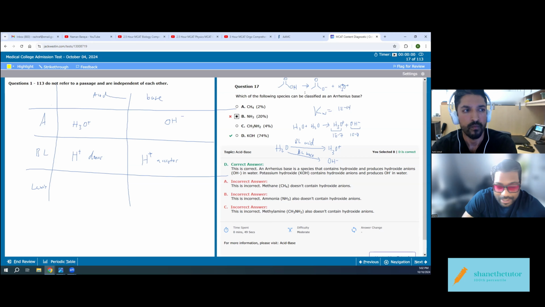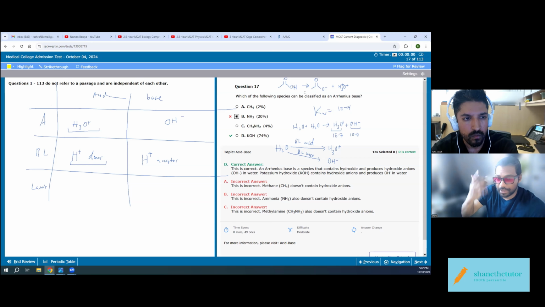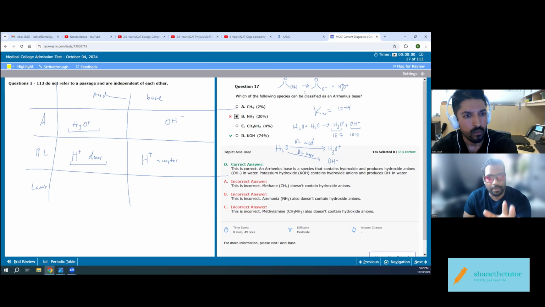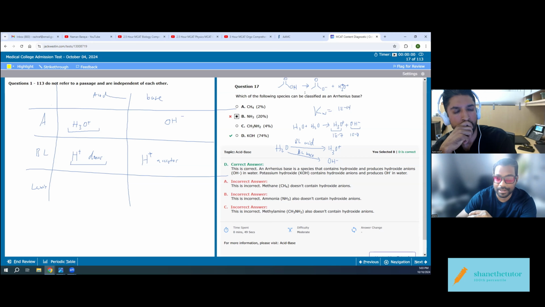And so that shows you that this is a Bronsted-Lowry acid because it donates a proton, and it just so happens to donate protons to water because you mixed it in water. So it's going to produce this hydronium ion. So this is an example of how a Bronsted-Lowry acid can also be classified as an Arrhenius acid.